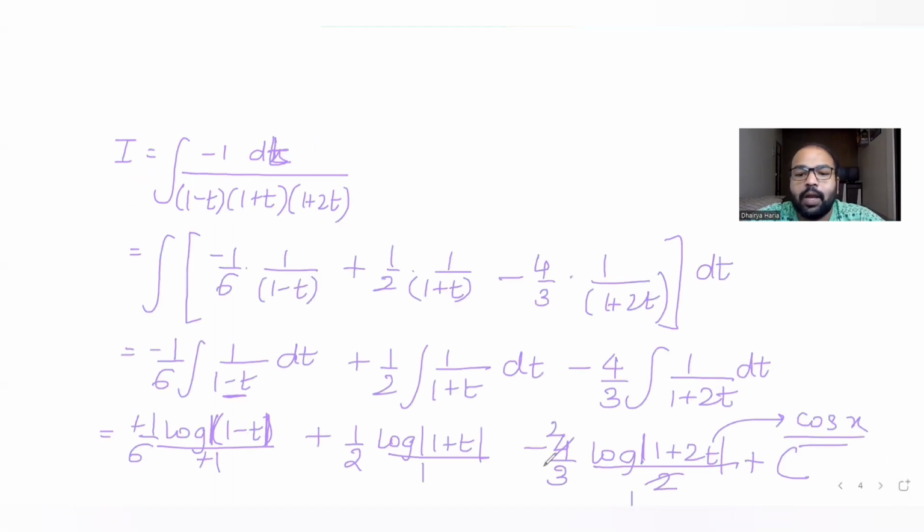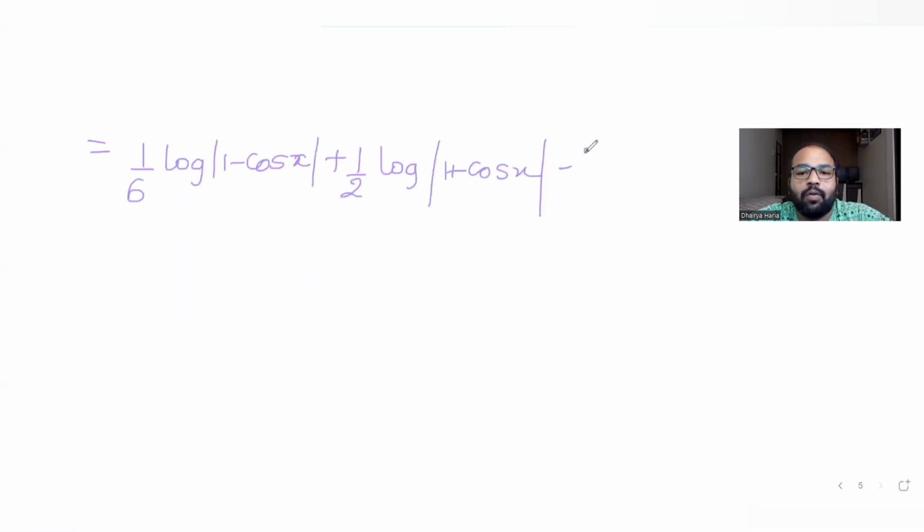So I get 1 by 6 log of mod of 1 minus cos x, plus 1 by 2 log of 1 plus cos x, and this becomes minus 2 by 3 log of 1 plus cos 2x, plus c. Right?